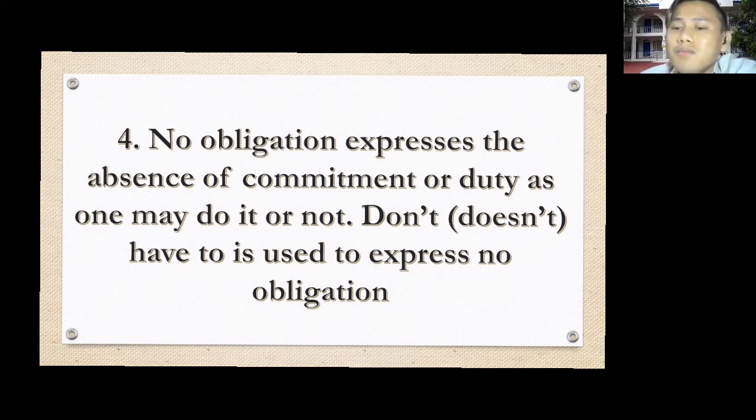So the modal that we can use here is don't or doesn't have to. Don't have to or doesn't have to is used to express no obligation. If you think you have no obligation on something, then you can make use of don't have to or doesn't have to.